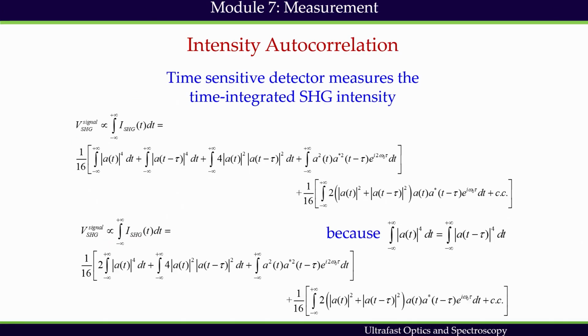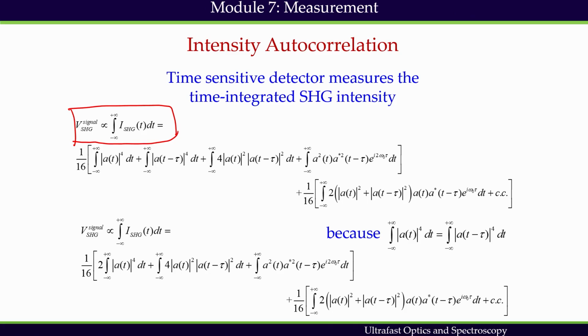As I told previously, in the actual measurement we are not checking the intensity profile, but we are checking the total energy dumped to the detector, and that is given by V signal, which is related to the total energy per pulse. When you use a power meter and check how much energy we have per pulse, that's exactly what we monitor.